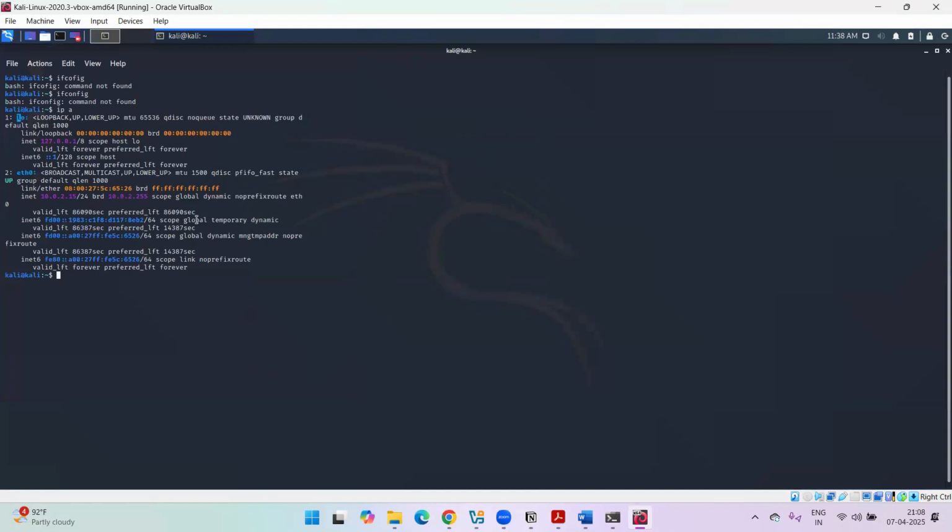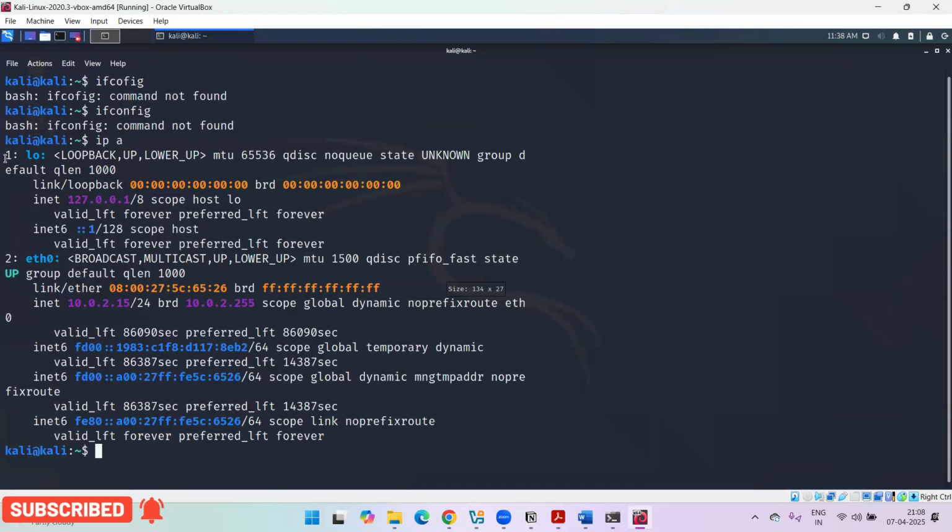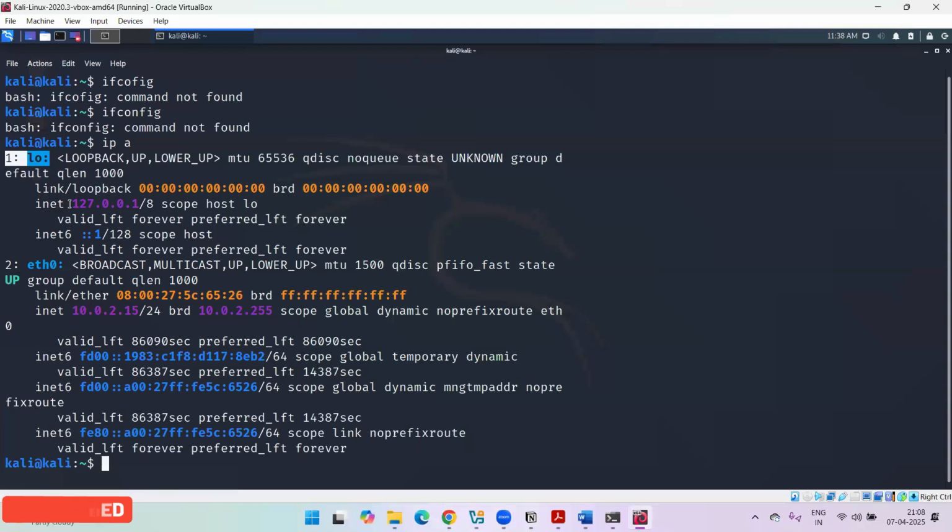Is my screen visible to you? This first interface is called loopback. What is the IP address of loopback? 127.0.0.1. It's clearly telling that it's a part of class A.